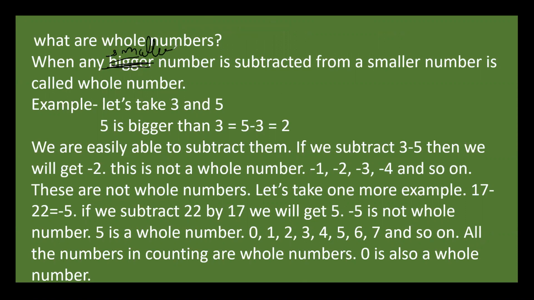It is a mistake, sorry for this. Just keep in mind that a whole number is always positive. A negative number is an integer, not a whole number. A whole number does not have a sign of minus. So minus 1, minus 2, minus 3, minus 4, these all are integers.